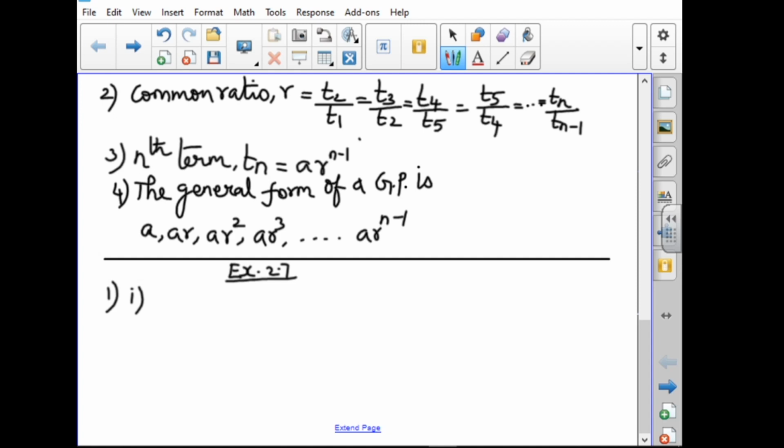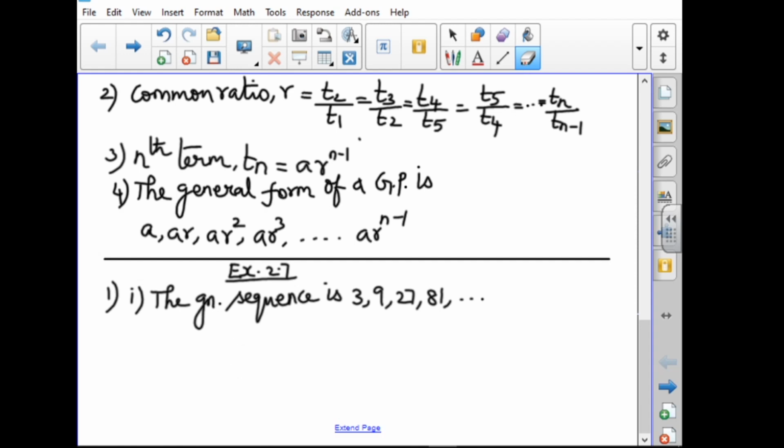First subdivision, the given sequence is 3, 9, 27, 81, etc. Check whether it represents a GP. For that you have to find the common ratio.